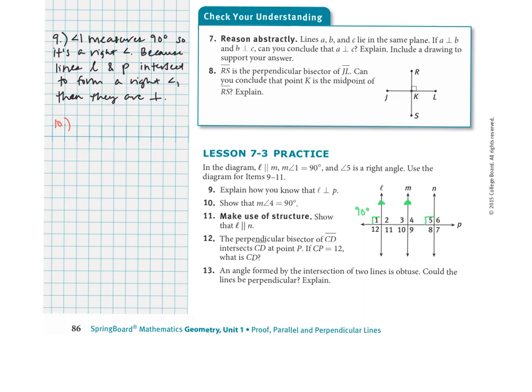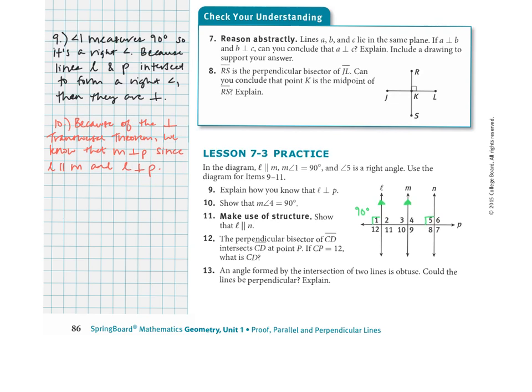So we would probably say something along the lines of, because of the perpendicular transversal theorem, we know that M is perpendicular to P, since L is parallel to M, and remember what we explained in number 9, L is perpendicular to P. That's just starting off our problem, thinking of how M is perpendicular to P.